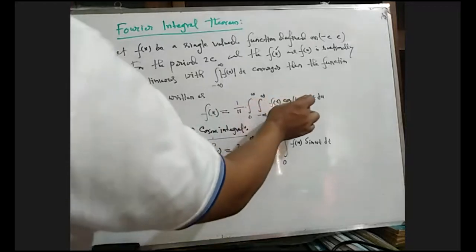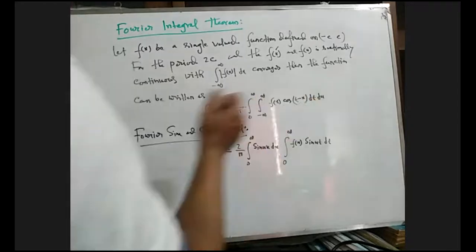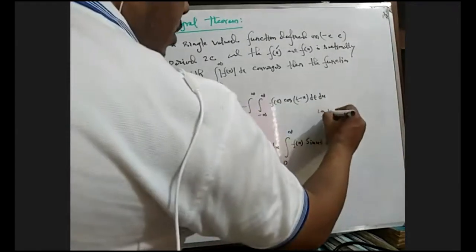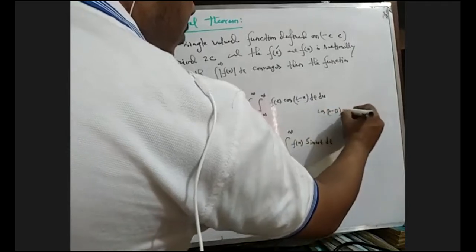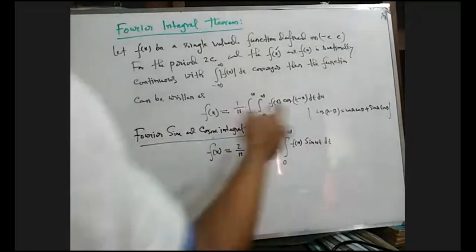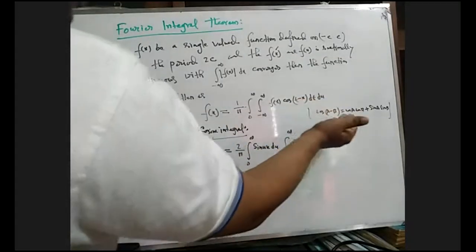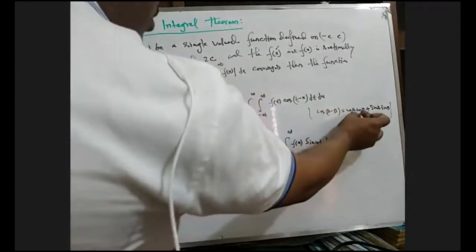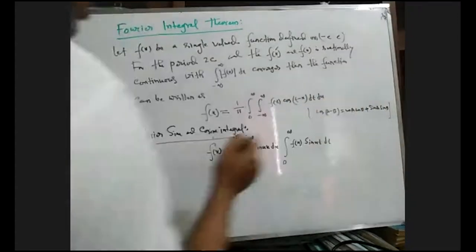Actually, the cos a minus b formula will be cos a cos b plus sin a sin b. So using this formula, we can find two parts of this. That means first is the cos part and the other is the sine part.